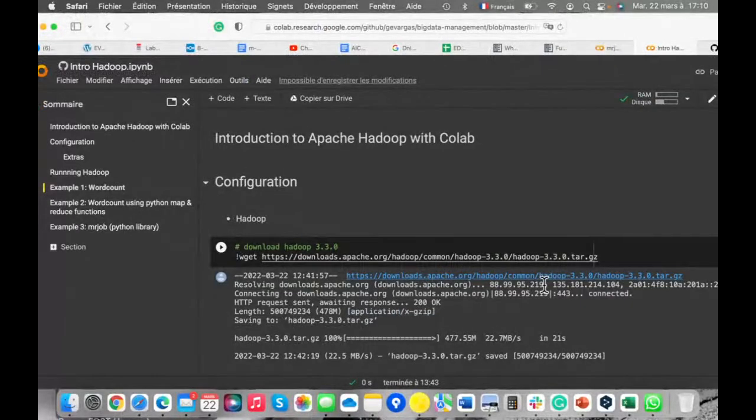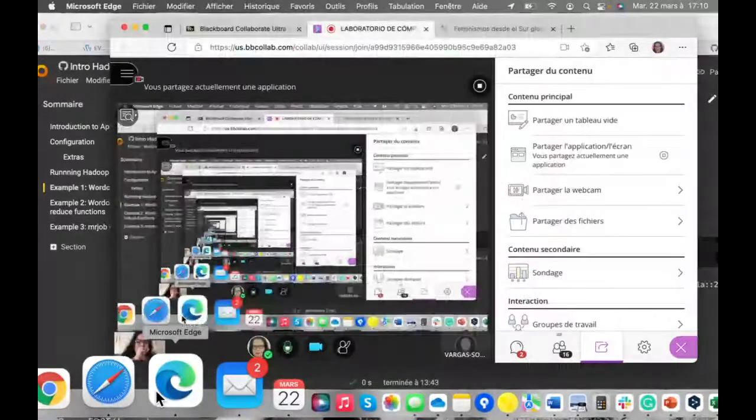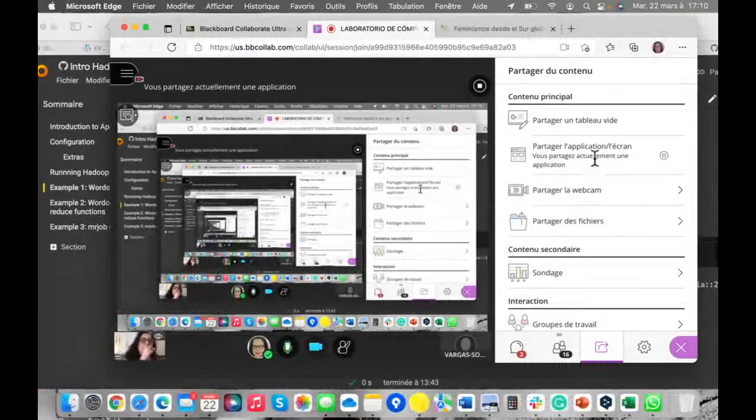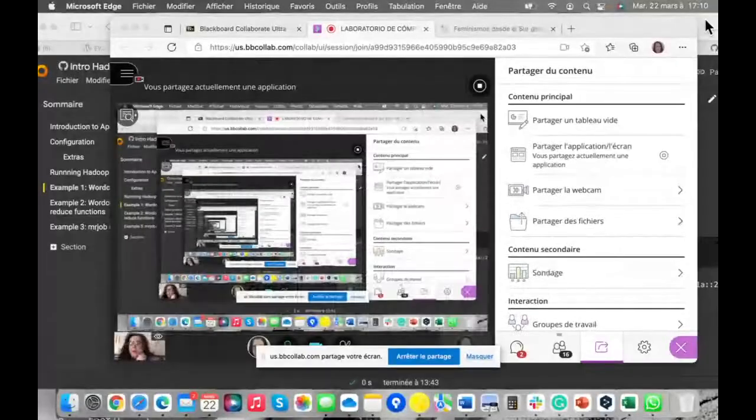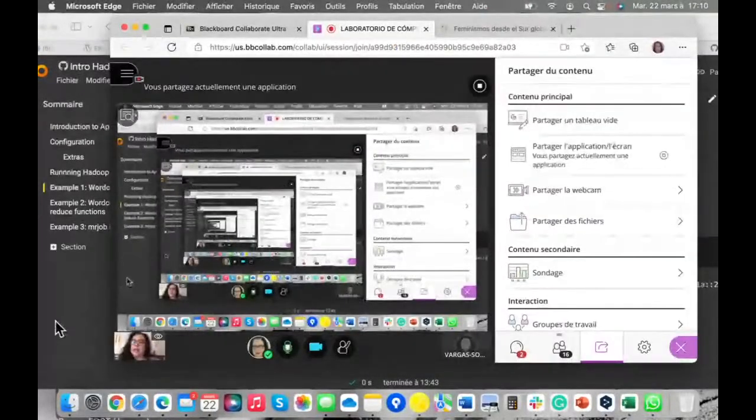You cannot see my browser, can you? I'm going to stop sharing and restart sharing. Sorry. And I'm also going, no, I started the recording. So let's see whether this time it works. Sorry. Now it works. Now it doesn't work.